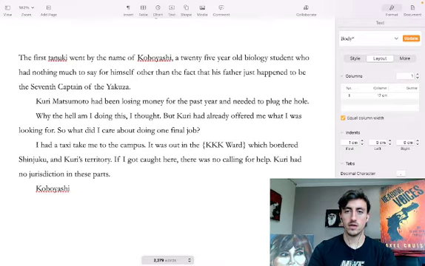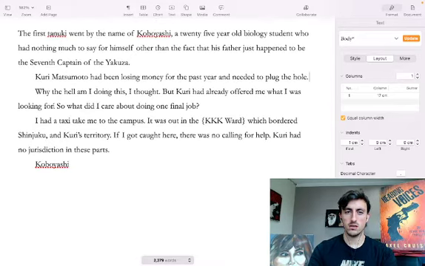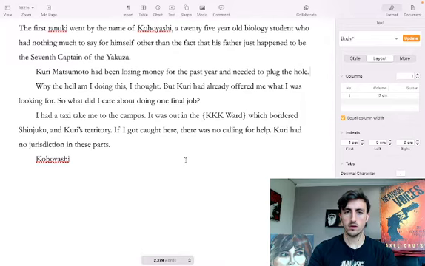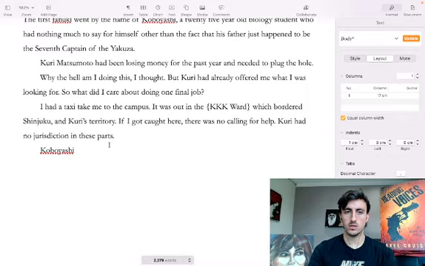Okay, so that's why she's hired. Okay, so we kind of get it. Okay, that's right. It was out in the KK Code Ward, which bordered Shinjuku and Kyori's territory. If I got caught here, there was no calling for help. Kyori had no jurisdiction in these parts.